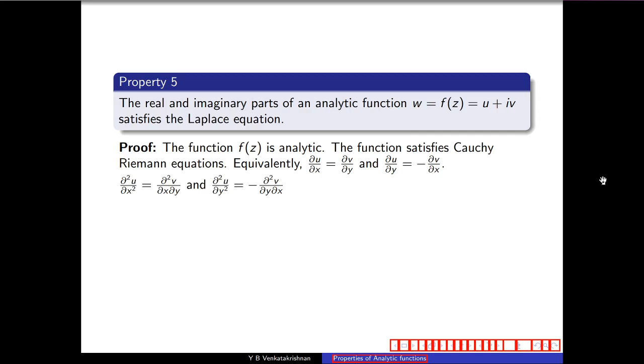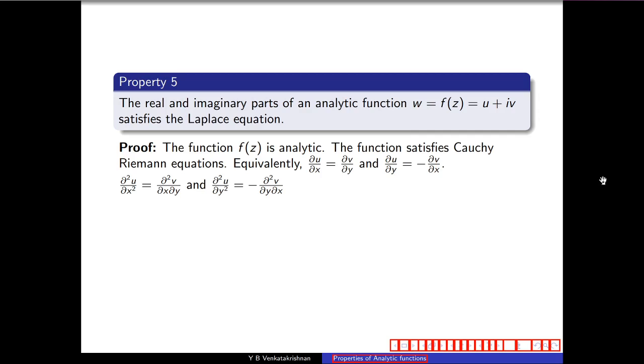So from dou u by dou x is equal to dou v by dou y, I can calculate dou squared u by dou x squared by again differentiating it partially, to get dou squared u by dou x squared is equal to dou squared v by dou x dou y. And similarly, when I differentiate dou u by dou y partially with respect to y again, I get dou squared u by dou y squared is equal to minus dou squared v by dou y dou x.